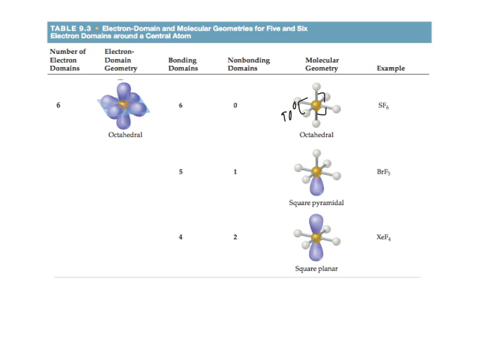Okay, and if we continue down and we look at an example like XeF4, where we have 4 bonding domains and 2 non-bonding domains, we end up with basically this bonding set within the equatorial positions, and we subsequently get a square planar shape. So in terms of this square pyramid and the square planar shapes, you know, these aren't ones we see quite as frequently as some of the other examples we've talked about, but they do show up, so you want to be familiar with them.